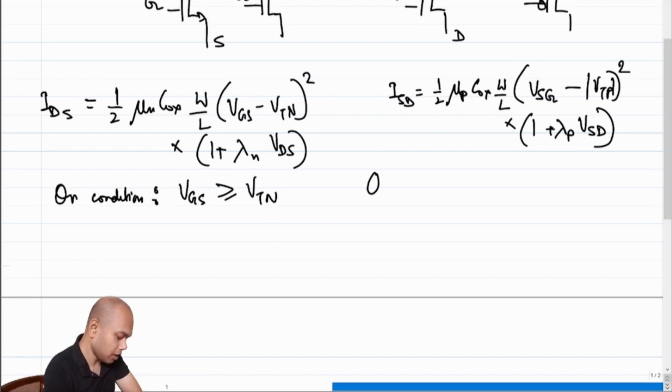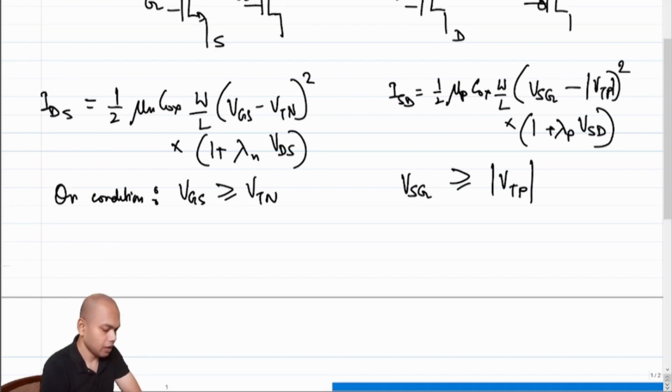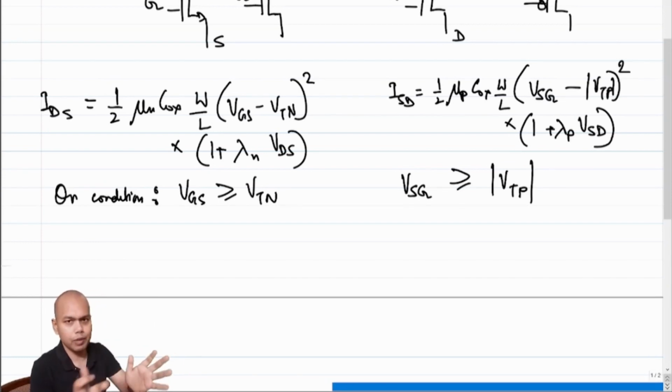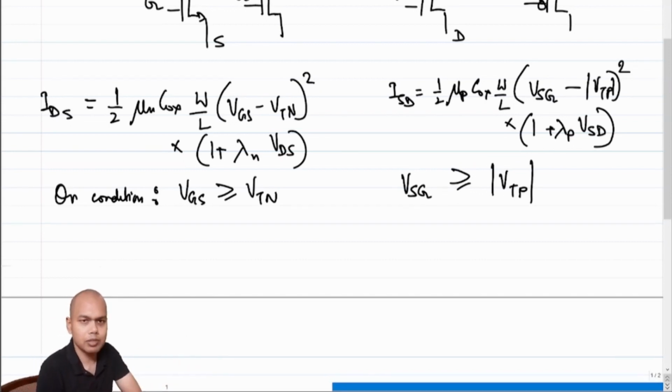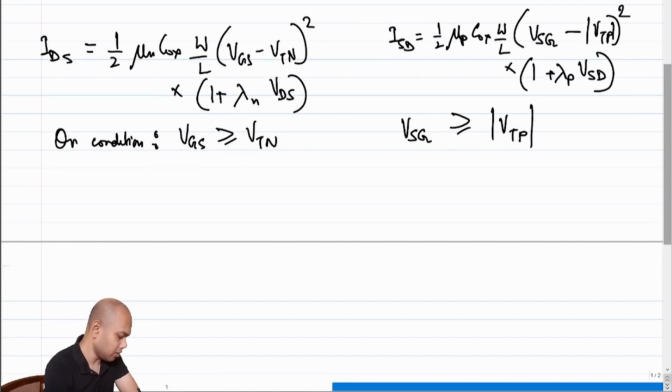Okay, so what is the on condition in case of a PMOS? The on condition is VSG should be greater than or equal to modulus of VTP, right? Again, note that in most cases VTP is a negative quantity, but in that case we refer to VTP with respect to VGS. Since we are referring with respect to VSG, we are more interested in the mod of VTP, because dealing with negative quantities can sometimes lead to some confusion in terms of which side the current directions are, right?